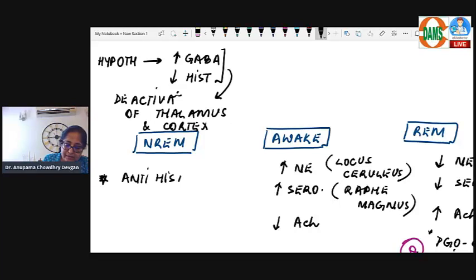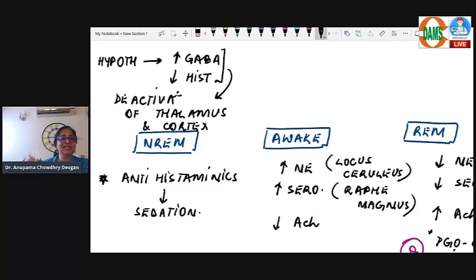Antihistaminics are sedating, isn't it? Antihistaminics are sedating, right? So in NREM sleep, there is an increase in GABA and a decrease in histamine.